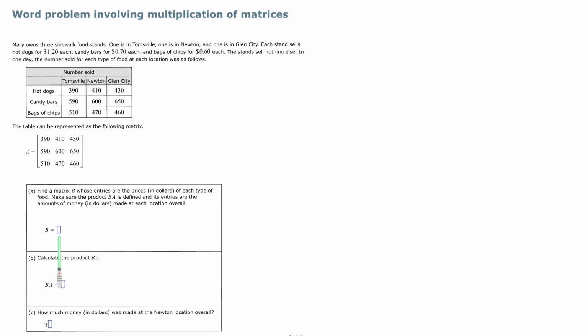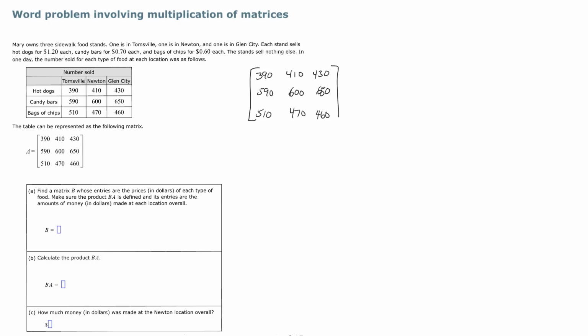So we're going to define a matrix B, and my hint to you is to first write out A. I'm going to write A over here. 390, 410, 430, 590, 600, 650, 510, 470, and then 460.